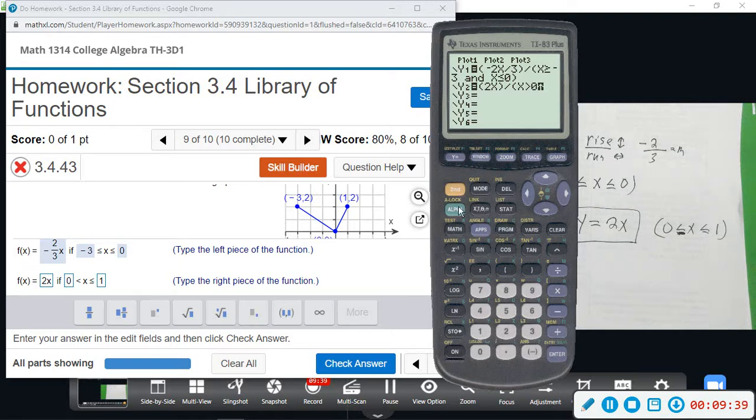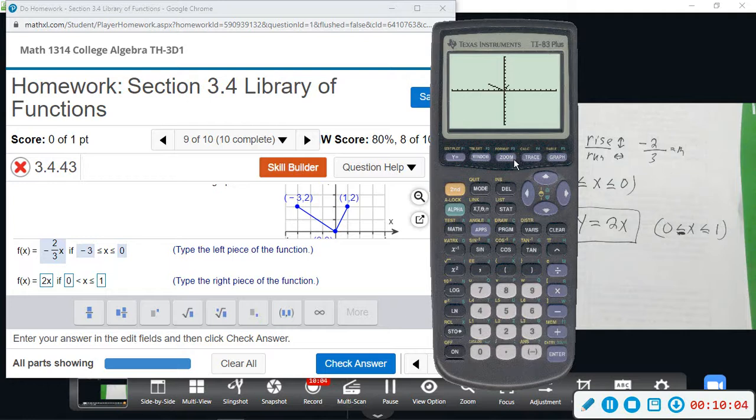And then second math, we have to do and, so go over to logic. Number 1. And x is second math. Option number 6, less than or equal to 1. And then close. And then we're going to graph.